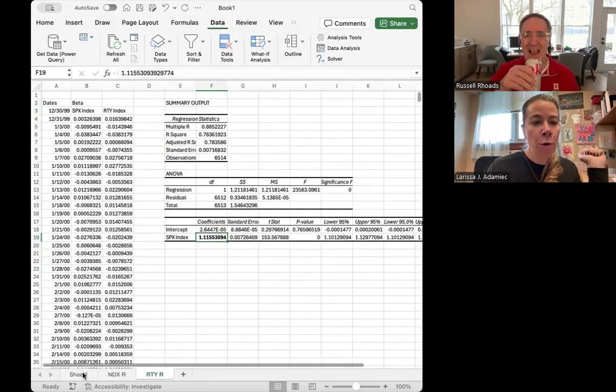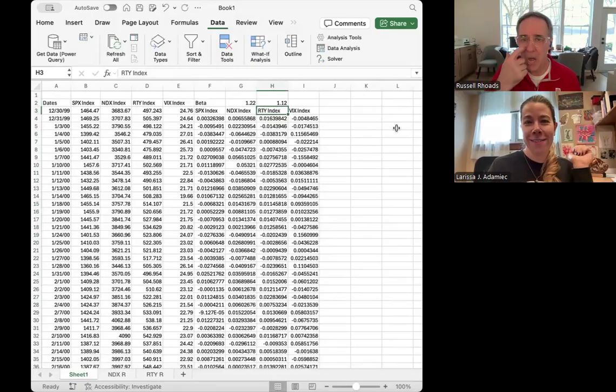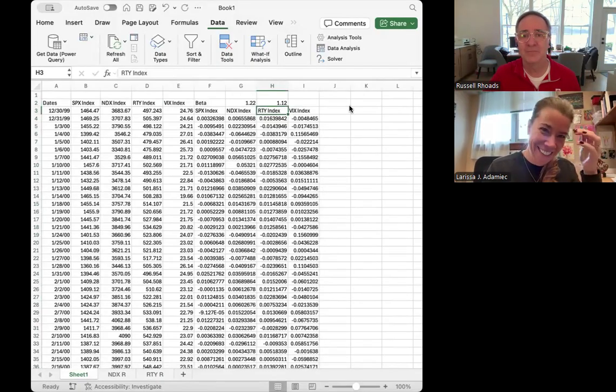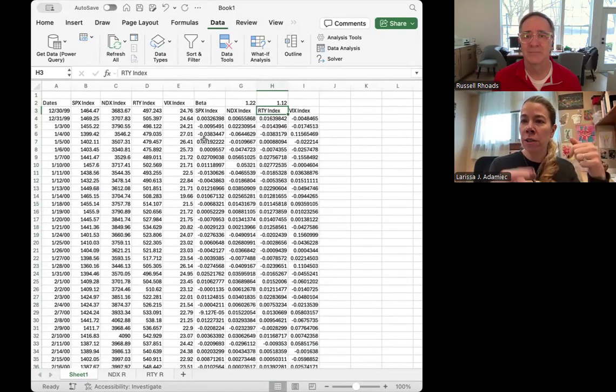We're going to say 1.12. And now, isn't that funny? Because the Russell 2000 is considered very, very volatile, that has a lower beta. This is just how it responds. Not necessarily.